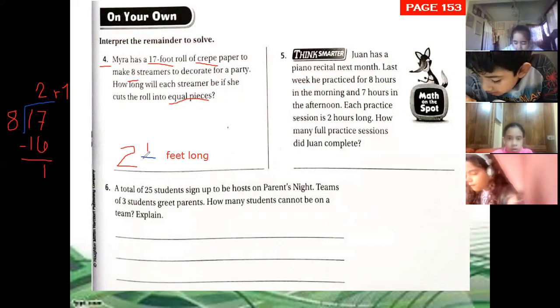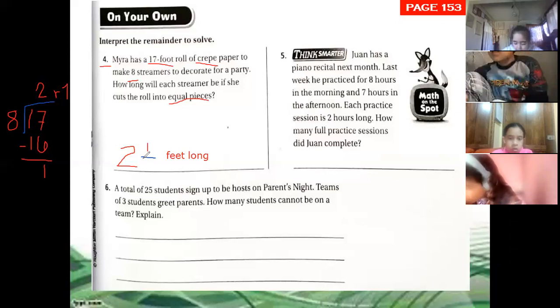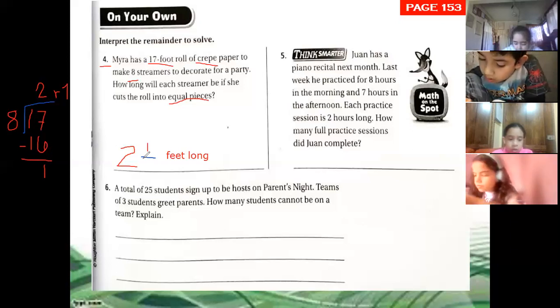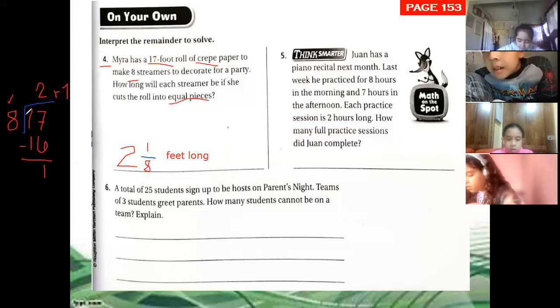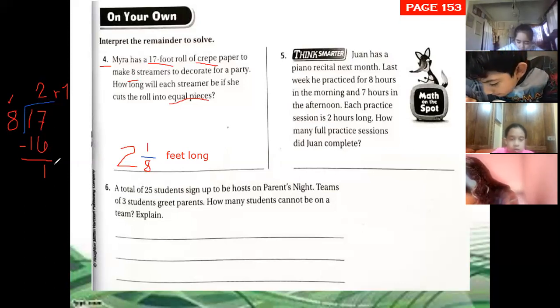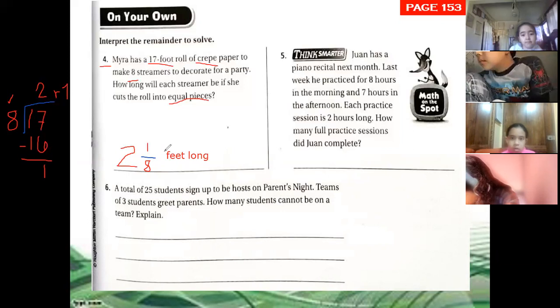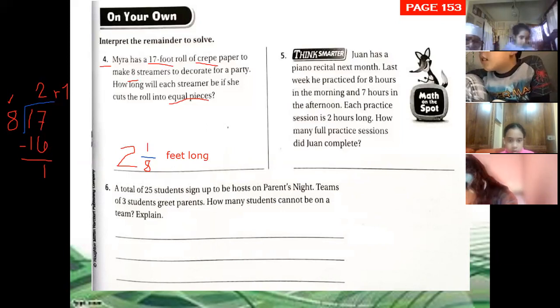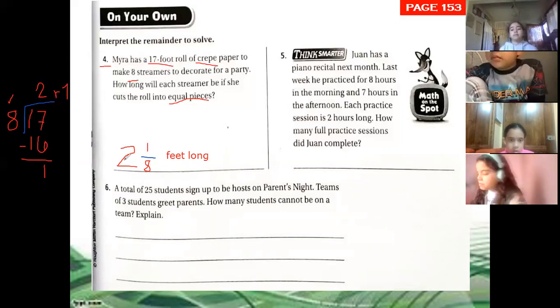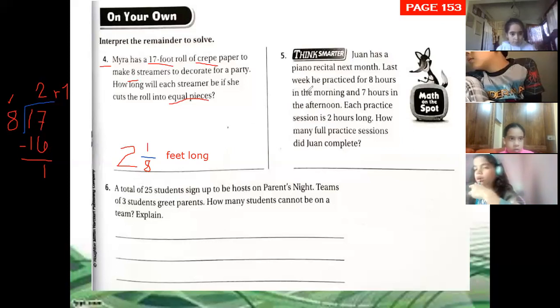What is the denominator here? 8, exactly, because it's the divisor. The divisor goes in the denominator of a fraction. So the answer is like this: each streamer is 2 1/8 feet long.